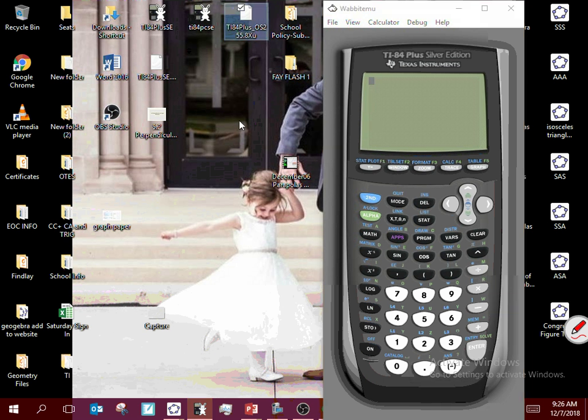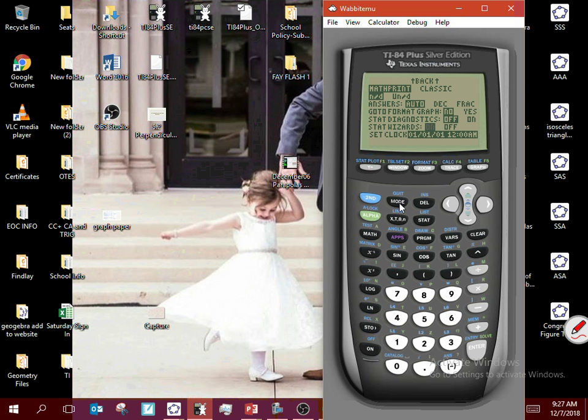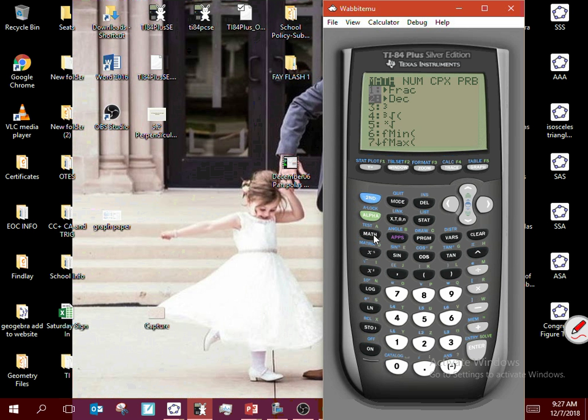If I have a TI-84, but I got a little bit newer operating system, okay? If I hit mode, see down there where it says next at the bottom, that means I have multiple pages. That means I can go to an option that says math print or classic. Now, if that's the case, then I can hit the math button. I can scroll all the way down to the bottom and see where it says log base. I can hit that.